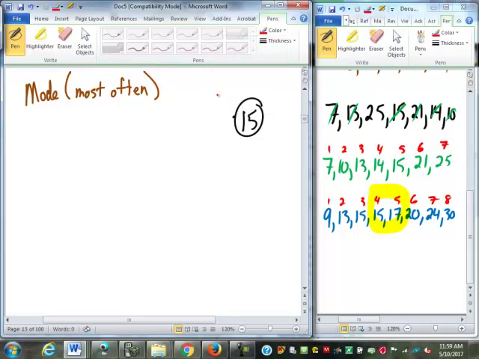Now for numerical numbers, we tend to not use the mode. The mode tends to be used most for categorical data. So for numerical data or quantitative data, the mode isn't such a big deal.